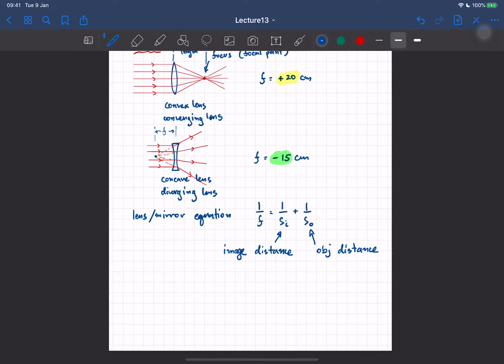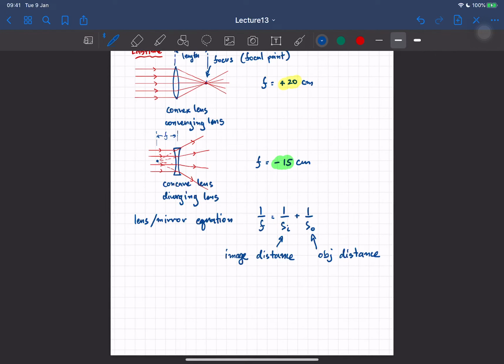Okay, and let me remind you of the sign convention that we have for the lens. For the mirror, it's gonna be kind of the same, but not really the same. You're gonna see it in a few moments. But for lens, the sign convention is this. So SO, the object distance, is always positive.